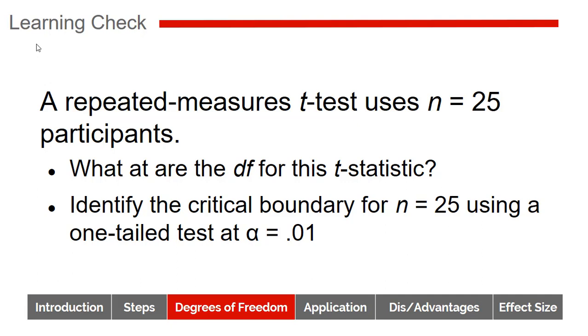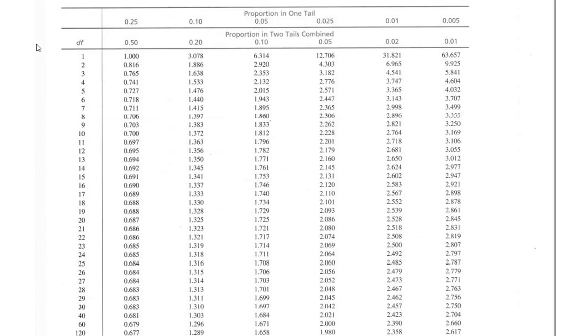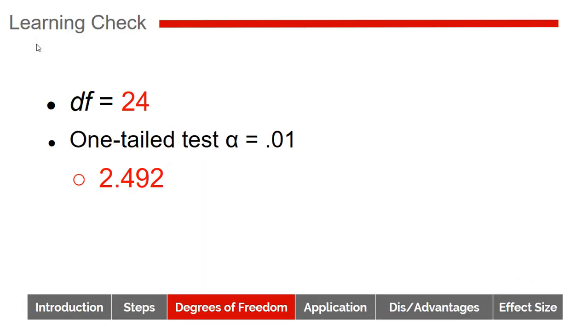We're doing a one-tailed test at alpha 0.01, meaning that there's 1% in one tail, and the critical t is 2.492. So with degrees of freedom 24, at a one-tailed test at alpha 0.01, the critical t is 2.492.